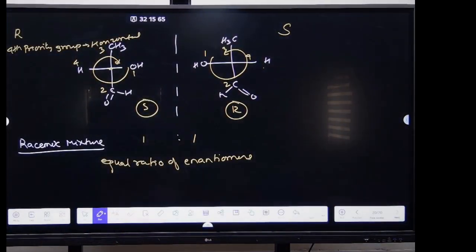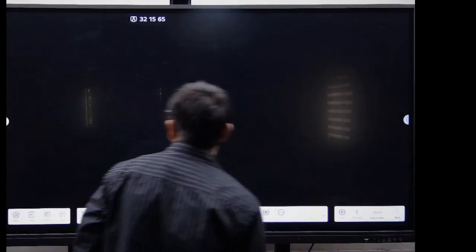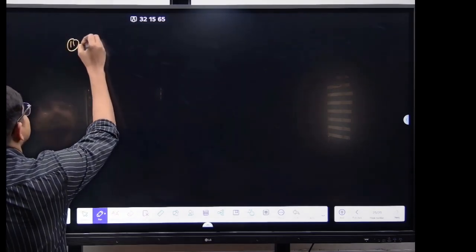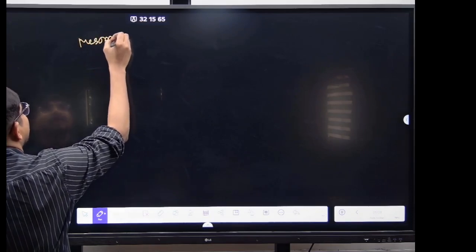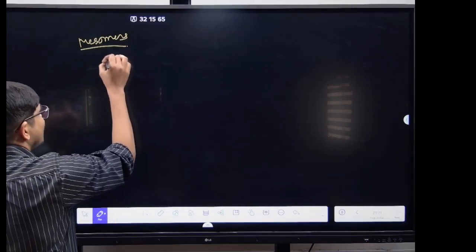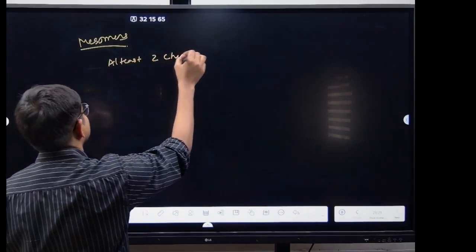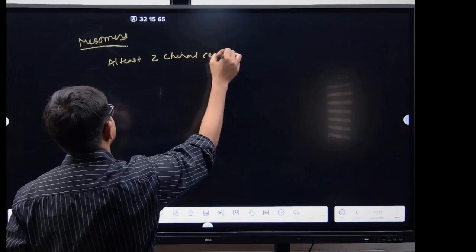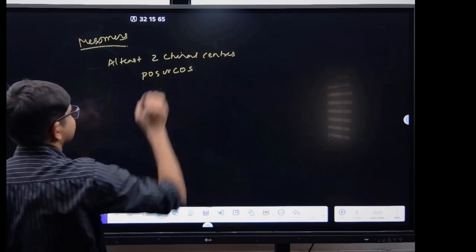Now see, one thing is mesomers, what do we mean by mesomers? See here, mesomers, and diastereomers will be left as well. Mesomers: suppose at least two chiral centers must be present, and you have a plane of symmetry or a center of symmetry.